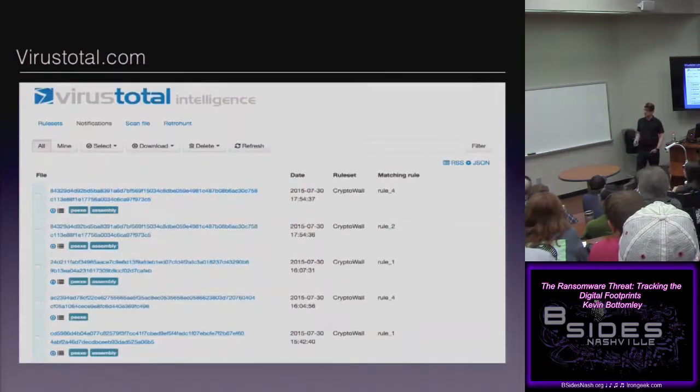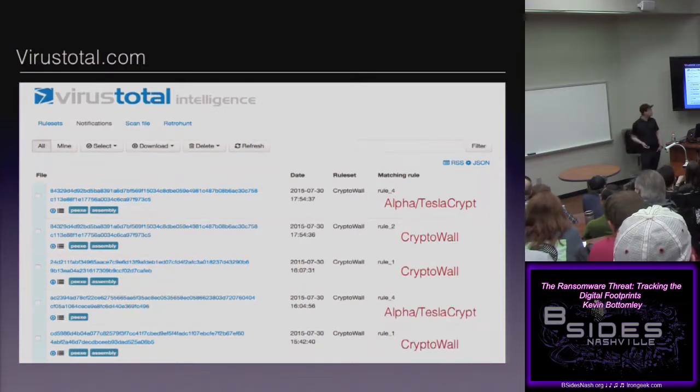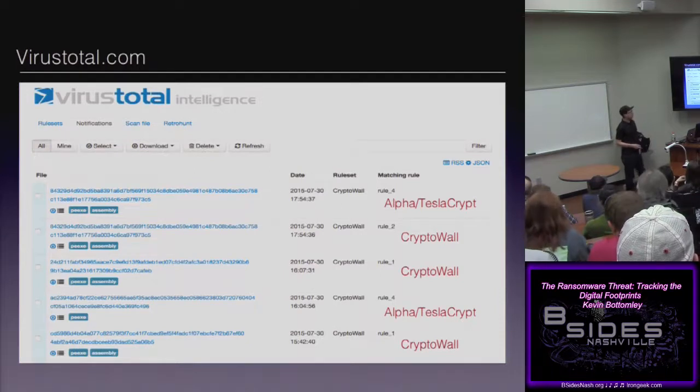But if we take a look, we can see some of the rules that got hit. My rule set's generically named, but you can tell that rule 4 was IP info. So I knew there was alpha Tesla crypt. I knew this was CryptoWall because it hit on the CryptoWall IP address. And through various rules, I could identify all of these exponentially fast.